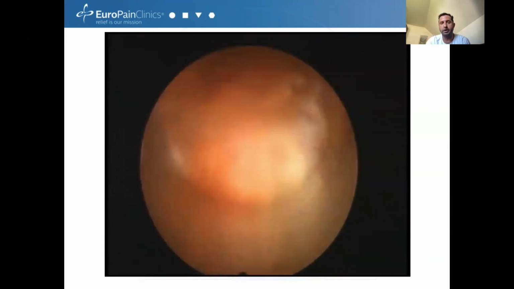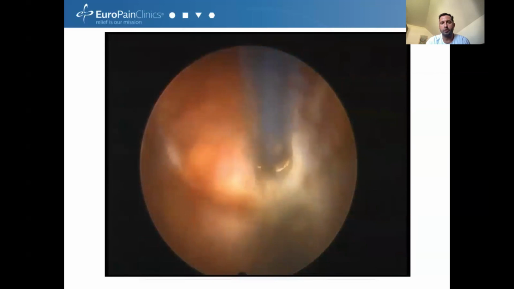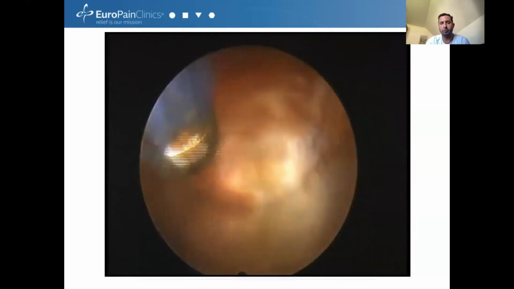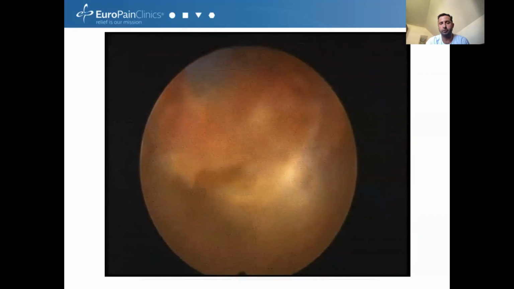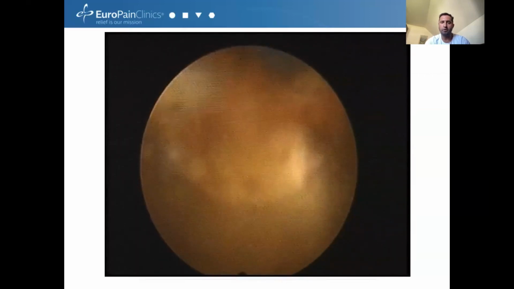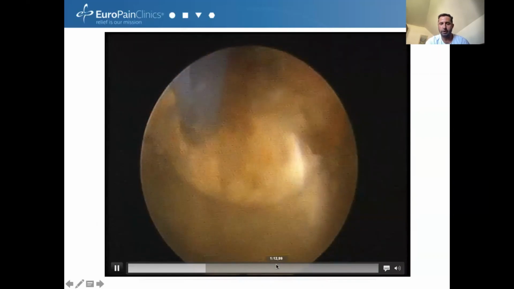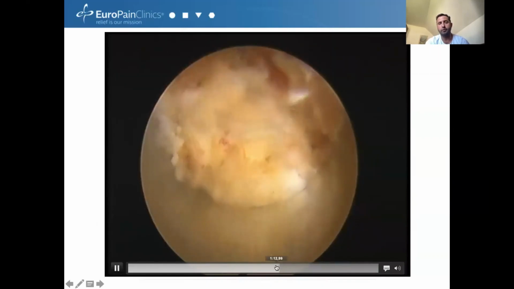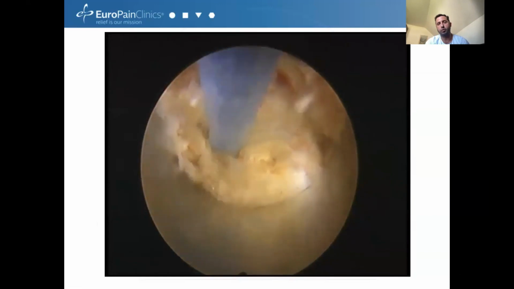So you're taking away all the tissue first, and you do so. You're using your RF probe to have no bleeding and to see exactly what you're supposed to see. And then when you're nicely taking away everything, you're getting finally to when the capsule is away, you're visualizing the facet joint here.